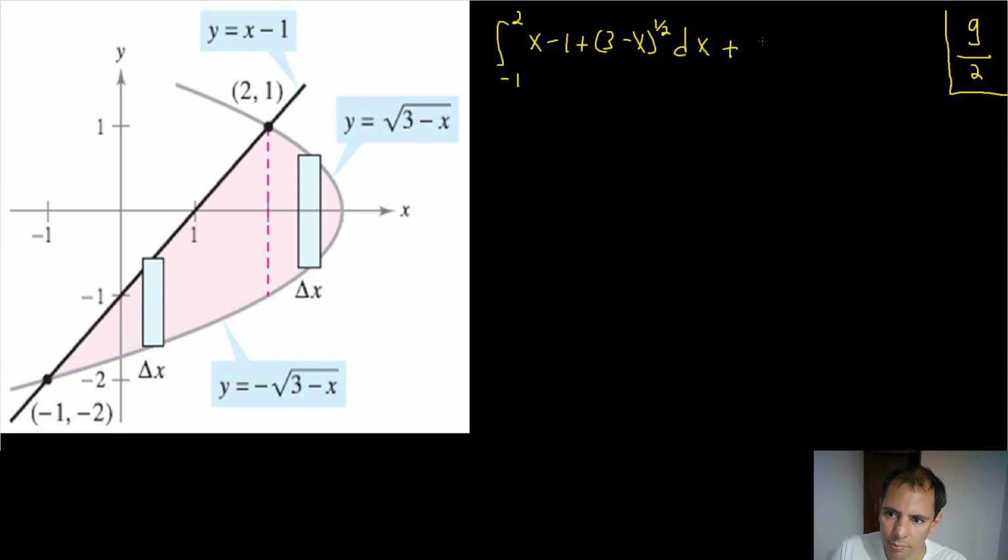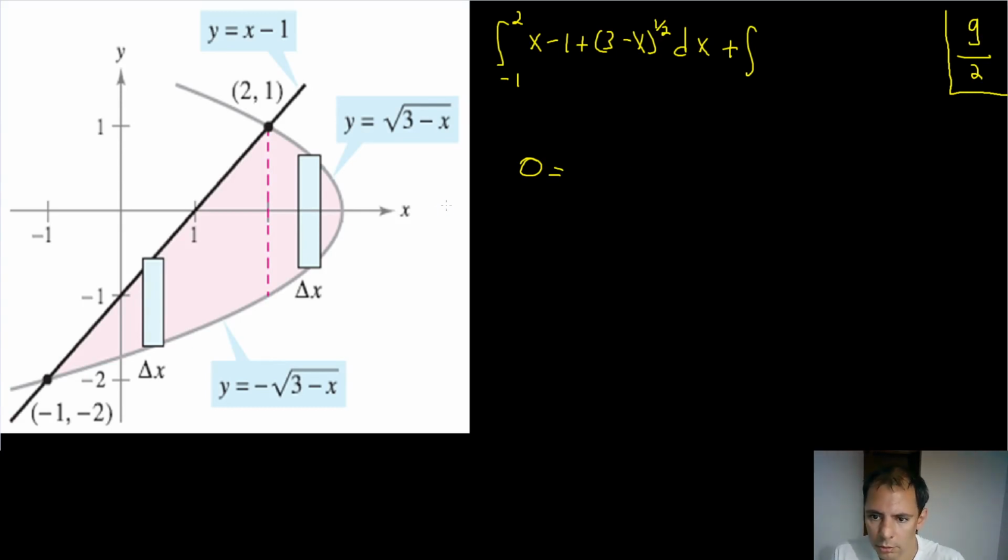And then you have to add a plus, and from 2 all the way to, gotta find out the coordinate at that point. When y is equal to 0, 0 is equal to 3 minus x, okay? So in order to make this 0, x has to be 3.